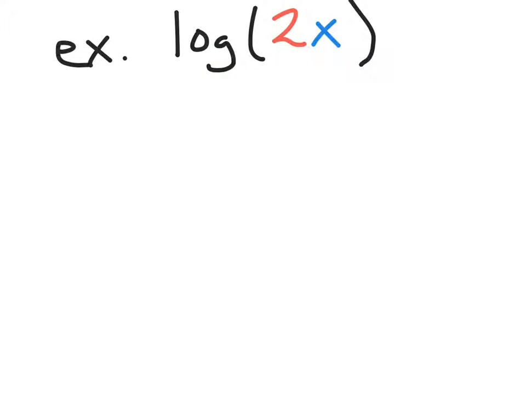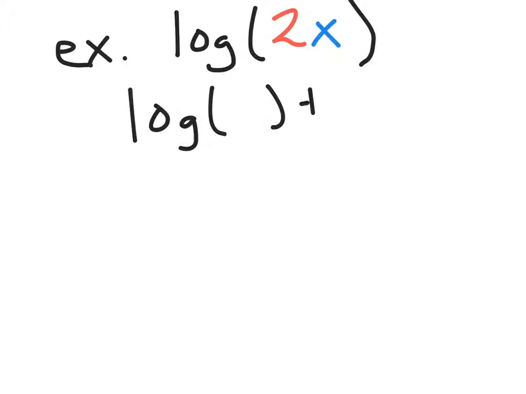Okay, so what I would like to do is use those two properties of exponents that we have, both the product rule and the quotient rule, and extend those into logarithms. What I have here is the log of 2x. This has been simplified. It's cleaned up as much as we possibly can. And if I were to be asked to expand this, I could rewrite this as a sum.